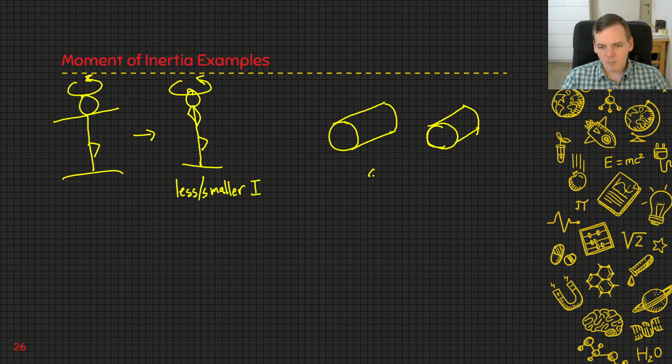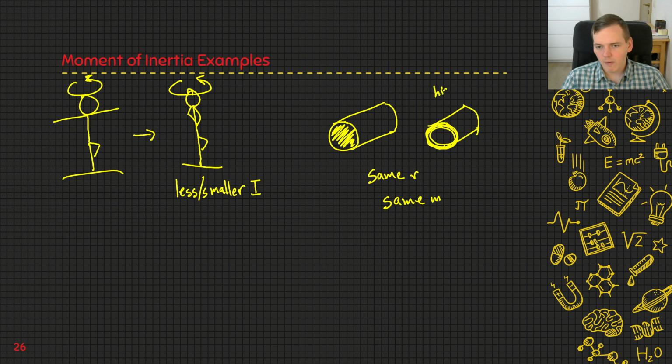So same R, same mass. But the difference here is one is solid throughout the center, and the other is hollow, meaning it's like a toilet paper tube or paper towel roll. The solid one, again, same mass, it's just like it's spread out here.